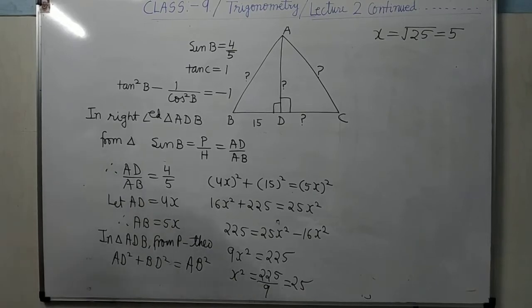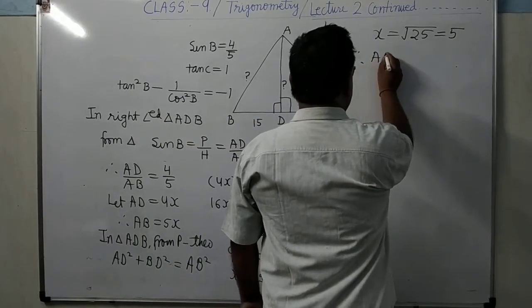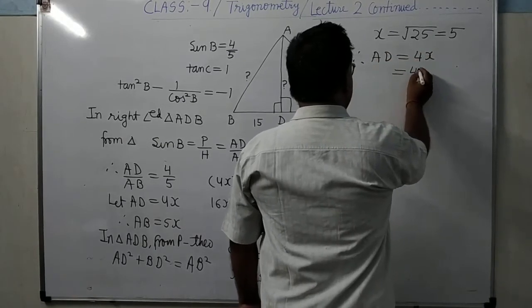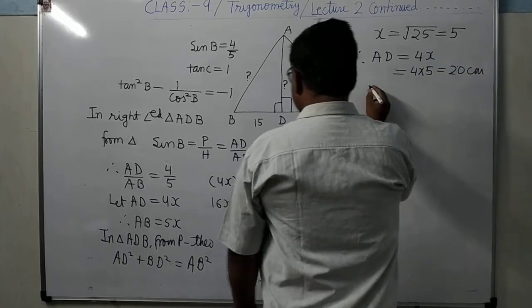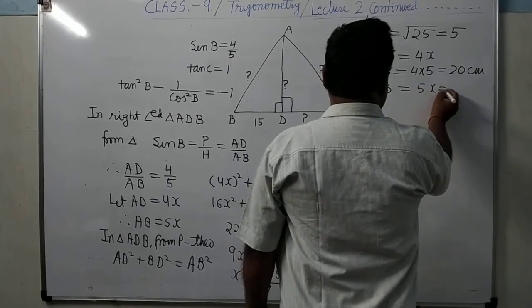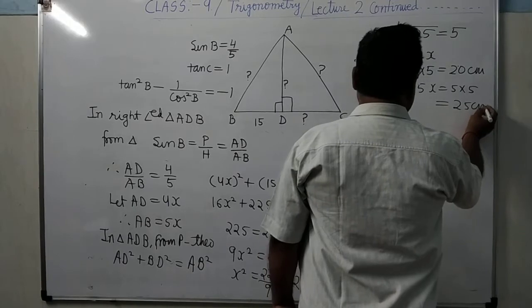When x equals 5, what will be AD? AD equals 4 into x, that is 4 into 5 equals 20 centimeter. What will be AB? 5x, that is 5 into 5 equals 25 centimeter.